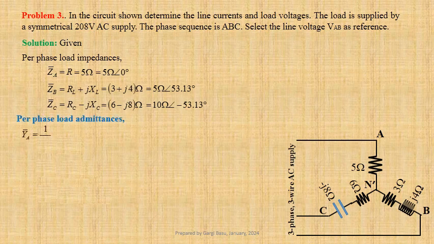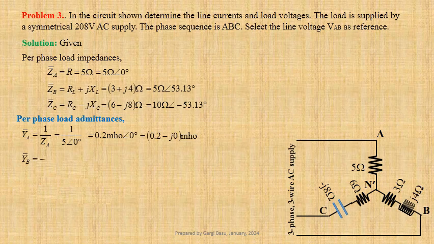Now we shall determine per phase load admittances. Ya equals 1 upon Za, that is equal to 1 upon 5 at an angle 0 degree. That gives us 0.2 mho at an angle 0 degree. In Cartesian form, this may be expressed as 0.2 minus j times 0 mho.